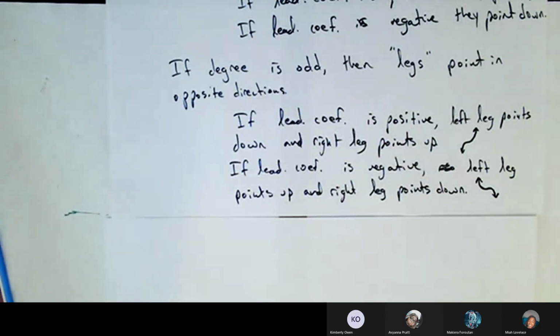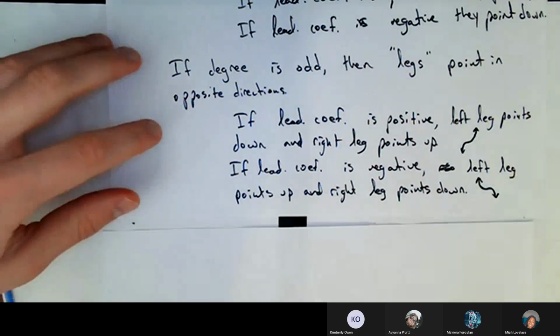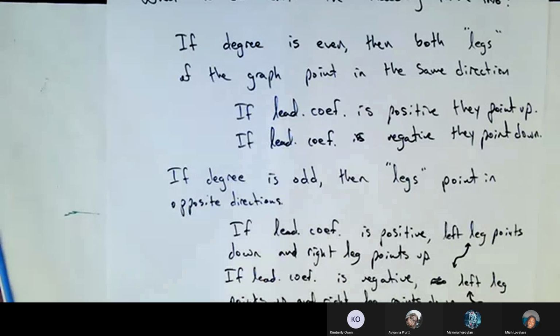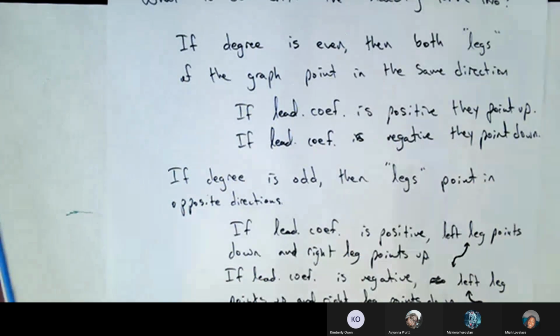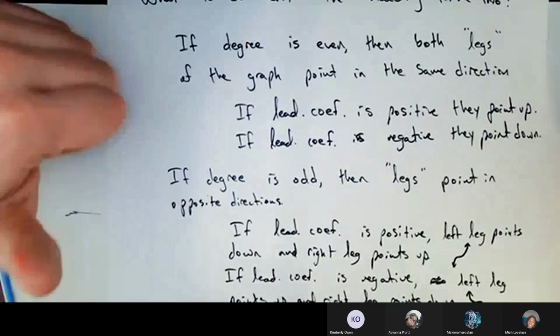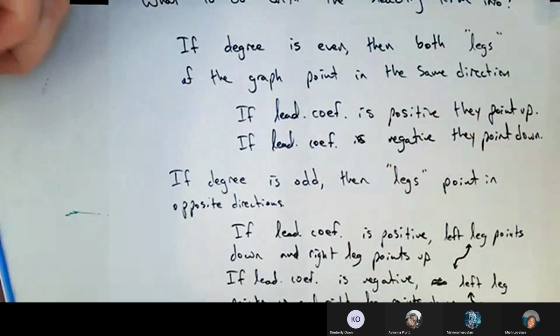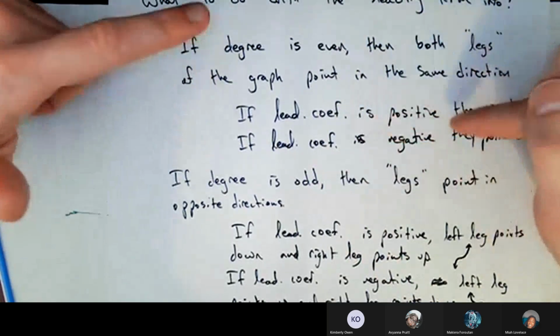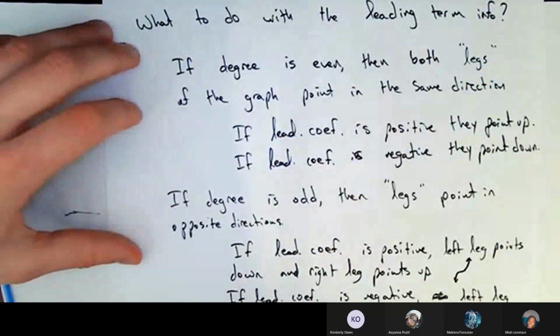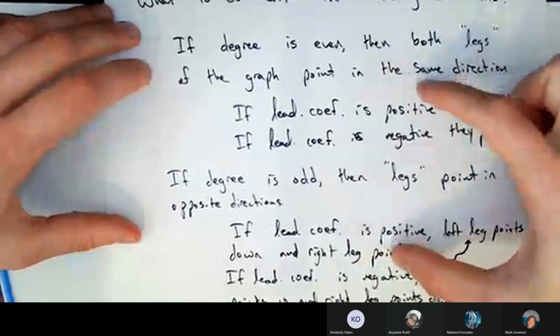Now, what we're going to do next time is introduce some new notation that's going to seem weird, but this is basically the idea. These are the ideas. Let's see, can I get it all? Scoot it back down, get all this on one page. First of all, this information I'm talking about, whether the degree is even or odd, and whether the leading coefficient is positive or negative, that's coming from leading term info, right?